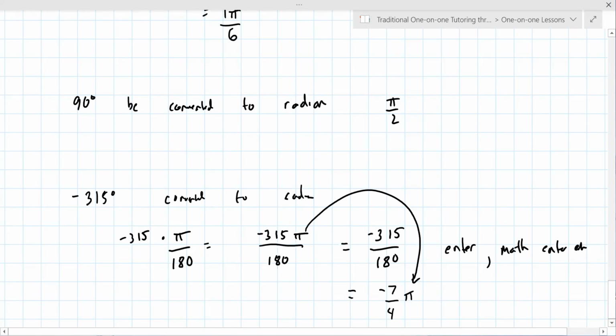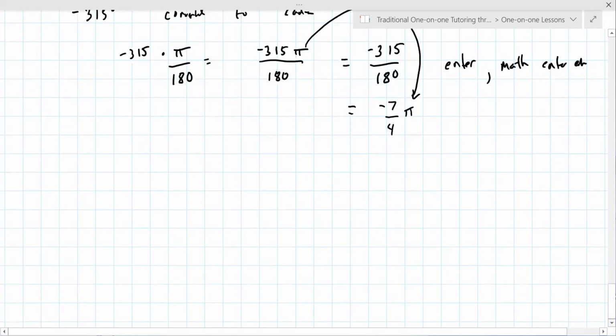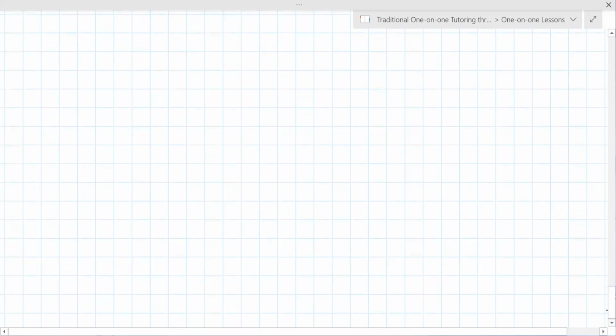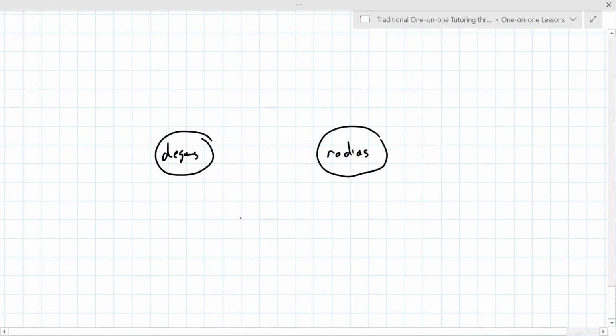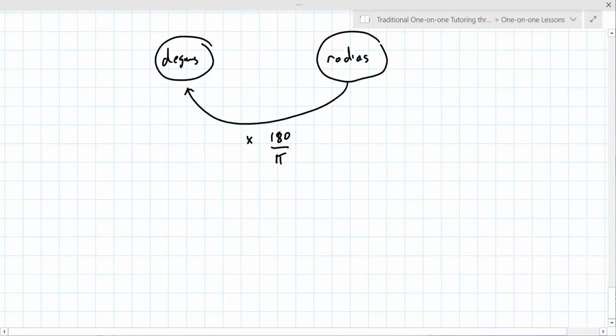Okay, so we went from degrees to radians. You can go the other way by multiplying by 180 over pi. So for example, let's say I'm going to give you 7 pi over 6 radians.